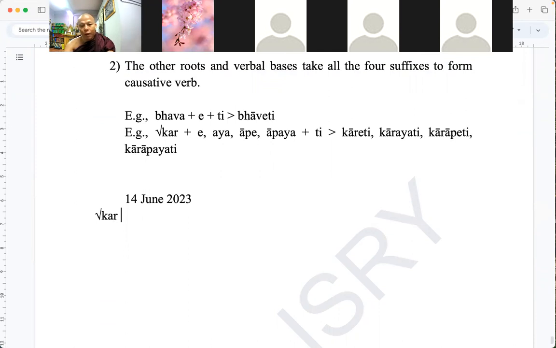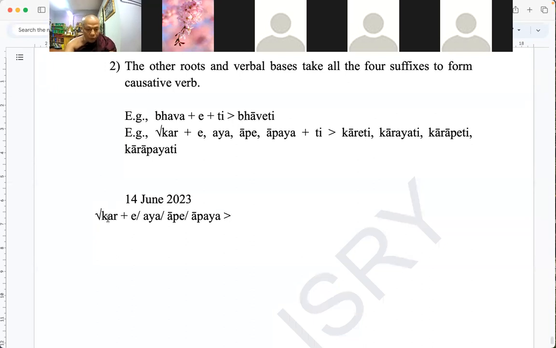So root kar, to that e or aya or abe or abaya. So we form like this.